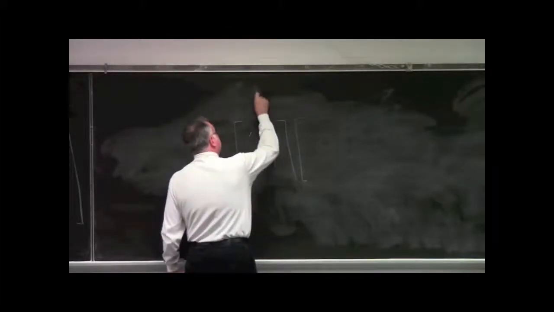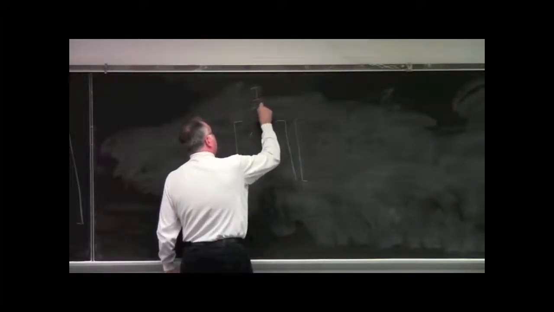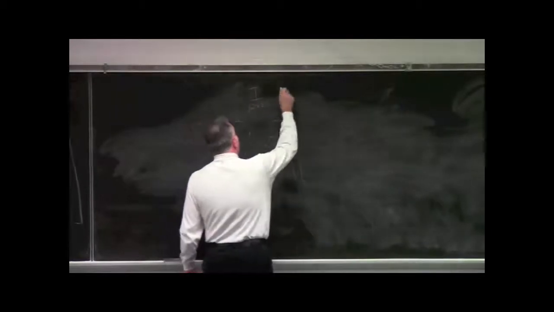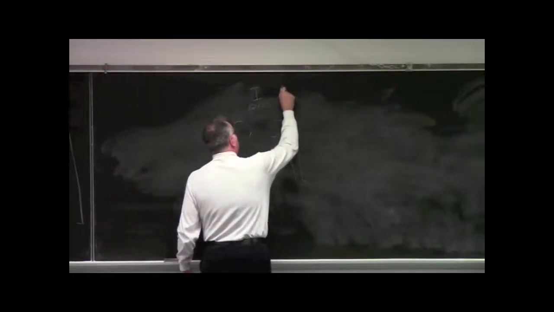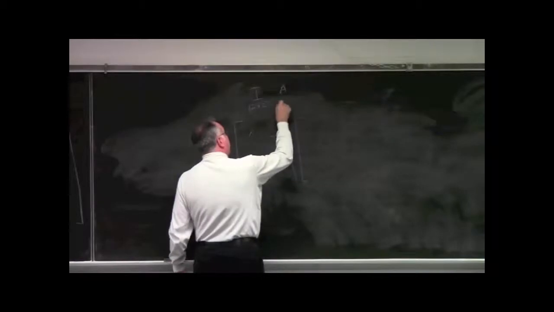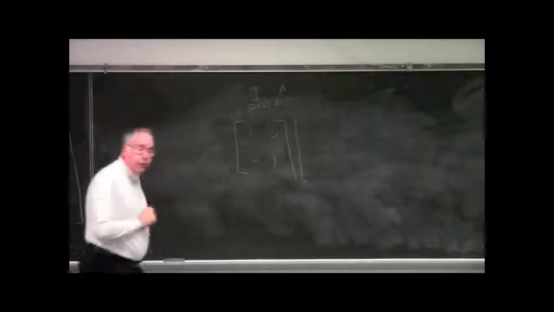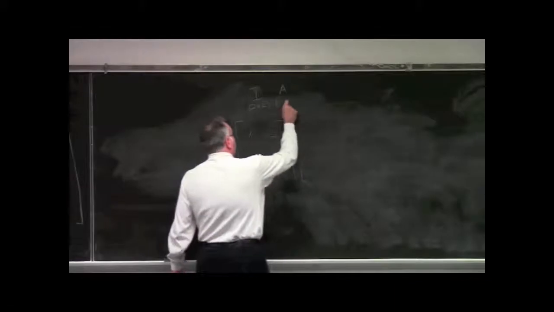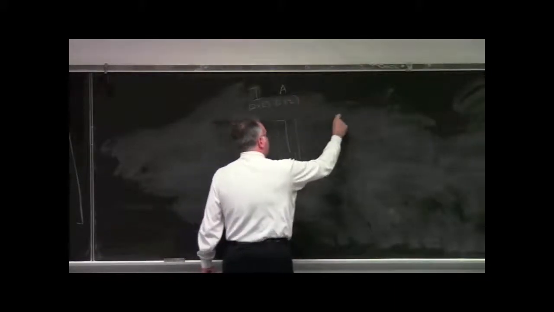This I is a 2 by 2 here. So if you have some other matrix A, it would have to have 2 rows. It doesn't have to have 2 columns. A wouldn't necessarily have to be square, but it would have to have 2 rows. Let's just assume A is also a 2 by 2.